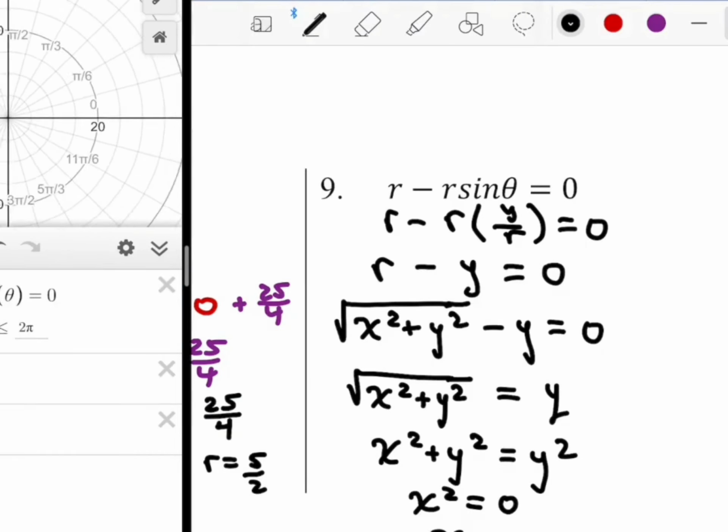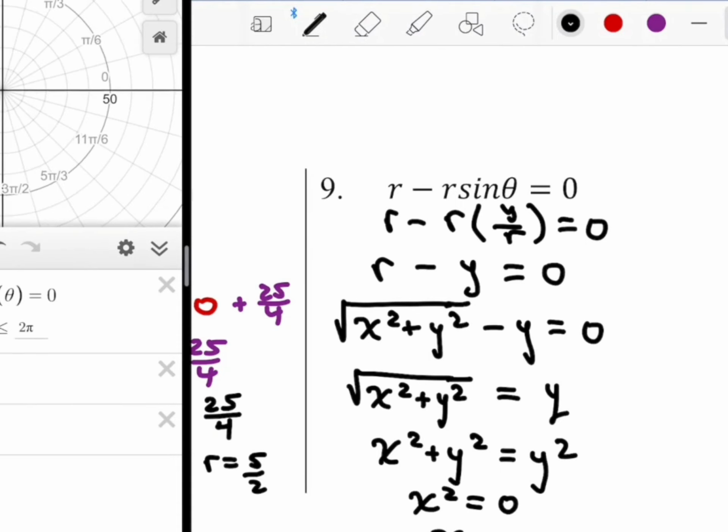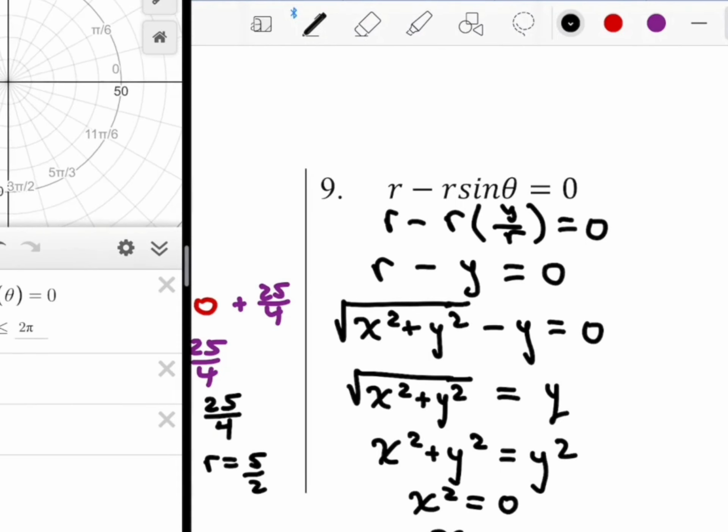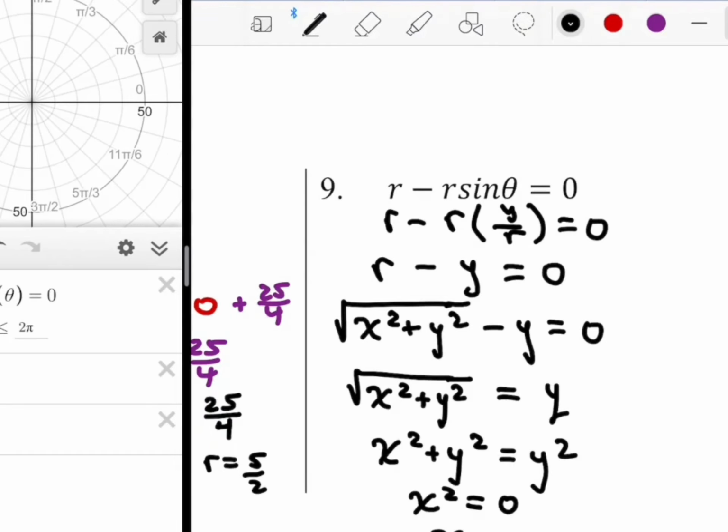Enter. All right, so we don't see anything there, but that's not 100% surprising to me, because x equals 0 is a vertical line.